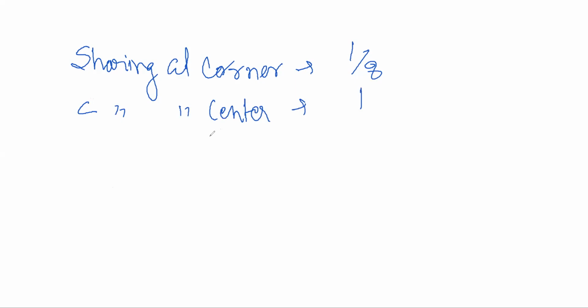That means one atom is there only, which is not shared with anyone. Next comes the sharing at faces, which is 1/2. That means one atom will be shared with 2 cells.